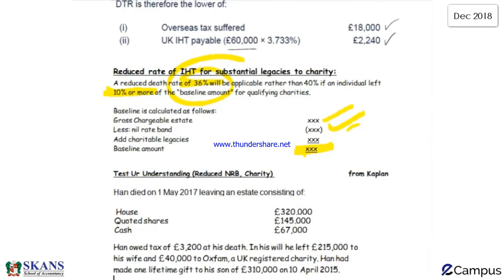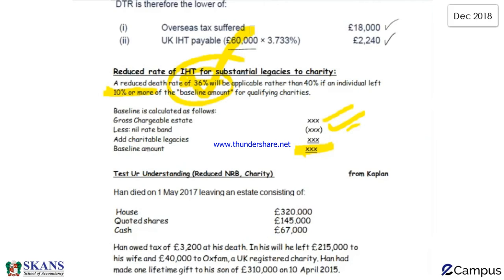Or another way to do it is you should calculate only the taxable estate after application of nil rate band and add back charitable legacies into it. Whatever comes, that is baseline amount. That is not the limit. You must take 10% of that, and that is the limit. Someone left 10% or more of the baseline amount. In that case, we apply 36% rate.